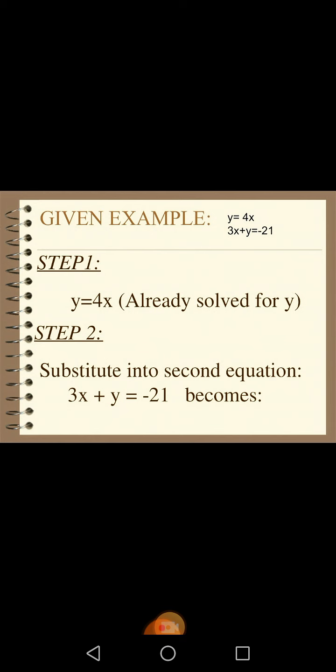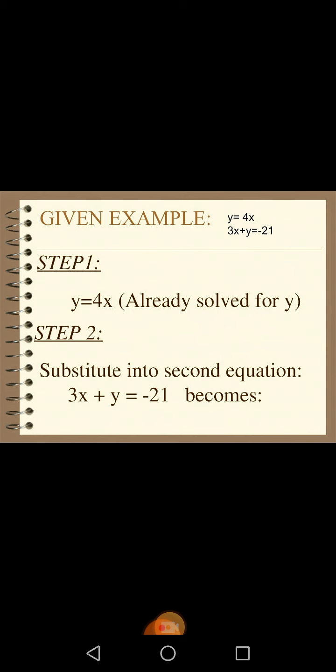Given the example here: y equals 4x and 3x plus y equals negative 21. Step 1, as we said, I want to find y equals or x equals. Here, the first equation is already solved for y, so I will not do anything.